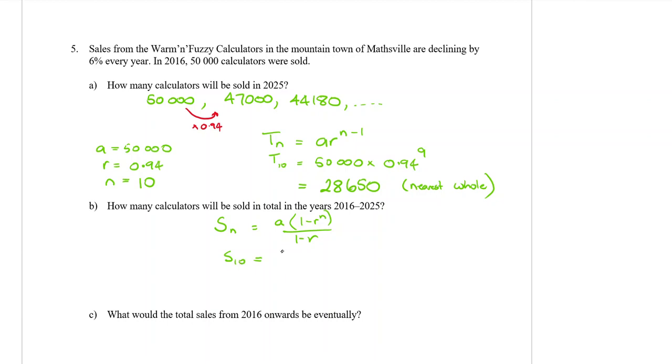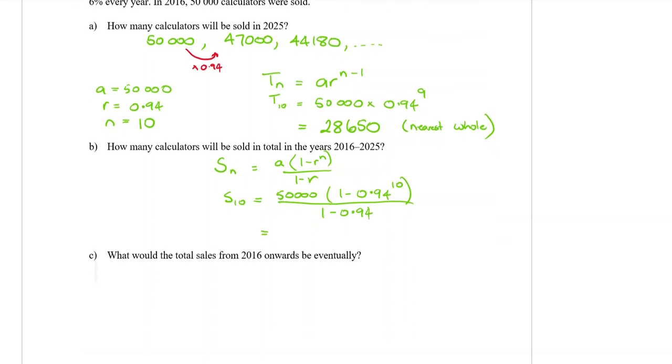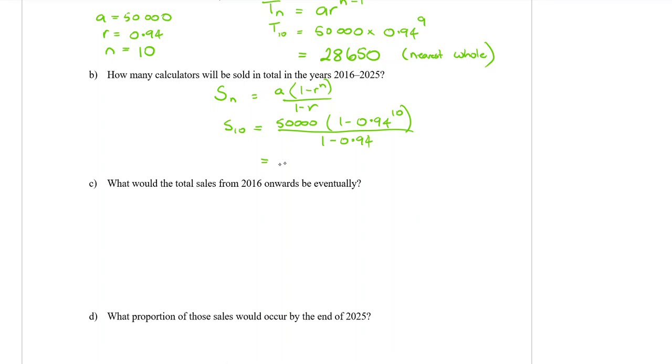A is 50,000. 1 minus 0.94 to the power of 10 for 10 terms over 1 minus 0.94. And we get 384,487 calculators.